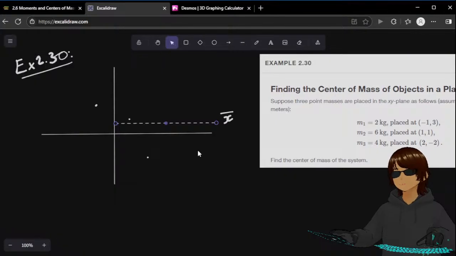How do we find the balancing point just in the x direction? We take the distance from the balancing point, which is their y value.